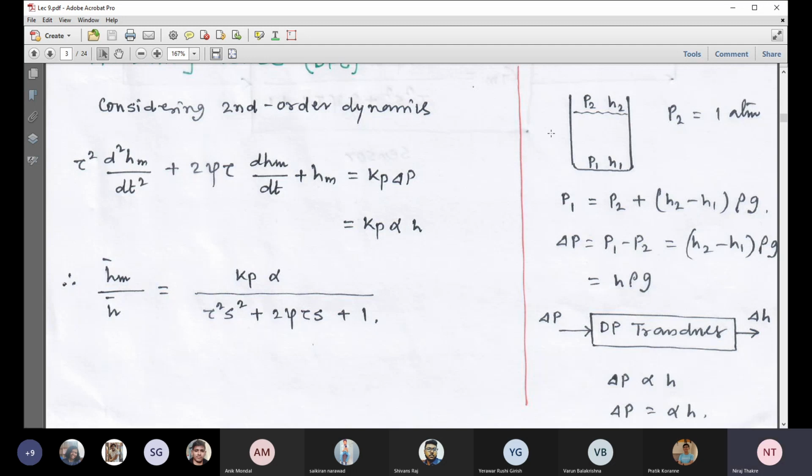Here you see H2 minus H1, that is H. We are considering H1 is 0 and H2 is H. That's why H2 minus H1 times rho g is basically H rho g. So from this equation we can write del P is proportional to H, and thus del P equals alpha H.